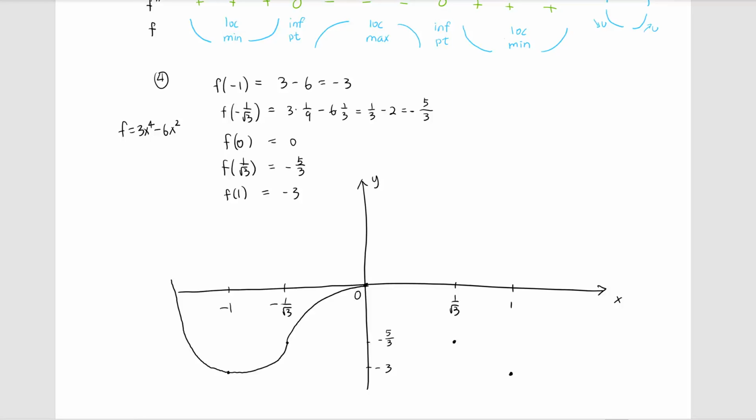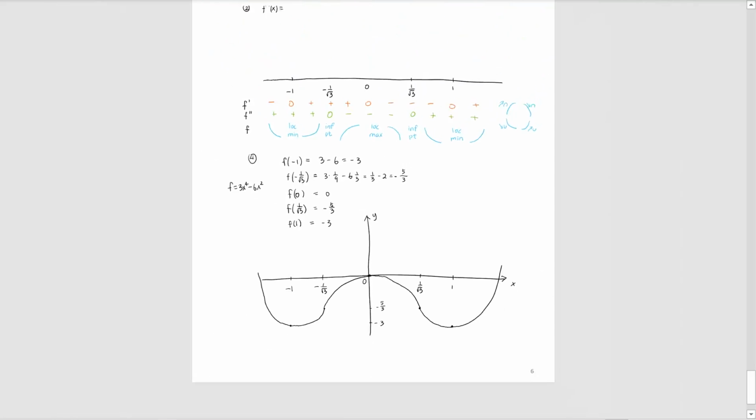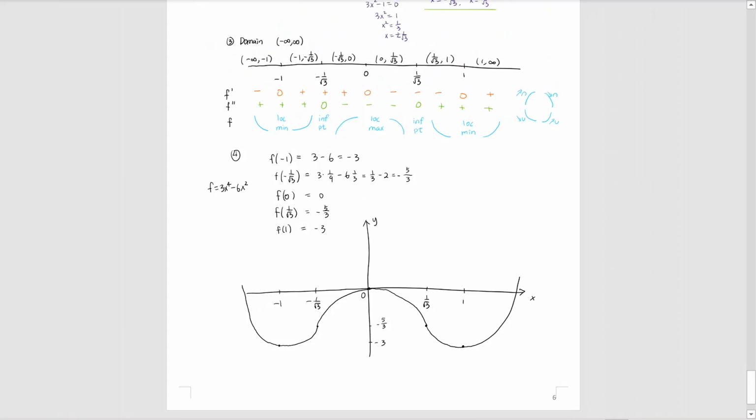Try it again. Then connect this one, we have this shape. So we should be able to see whether it's concave up or concave down, and eventually it looks like that. So this is the sketch of the graph. That's it for section 4.2. Bye.